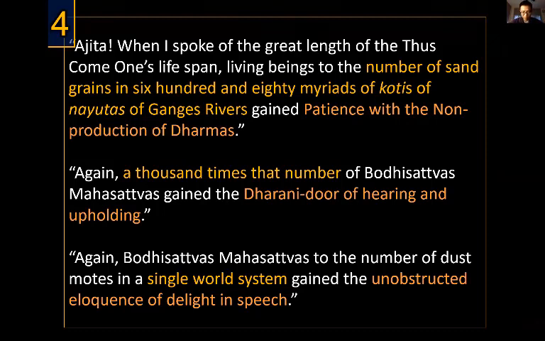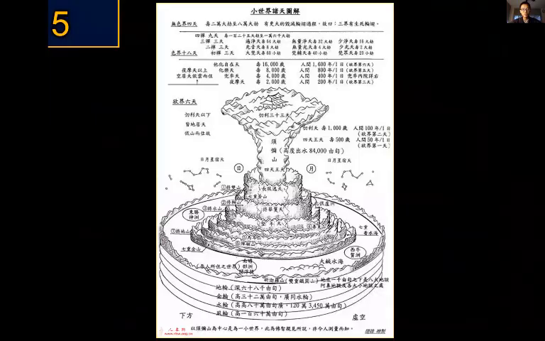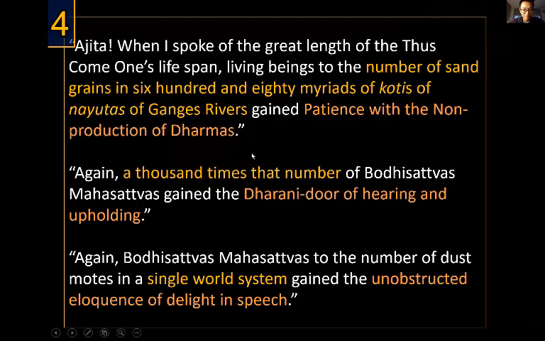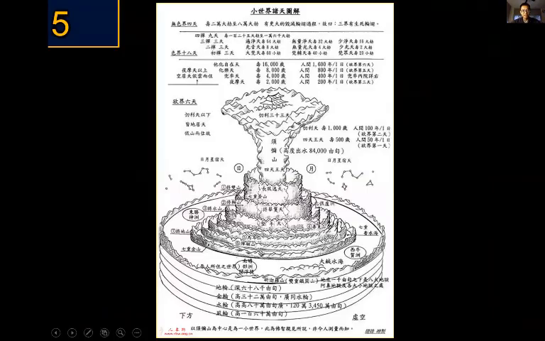And so we first have these three groups of people that are related, and here of course we have seen a new term, the single world system. What does that mean? Very quickly, this is a picture, a depiction of the worldview of Buddhism.